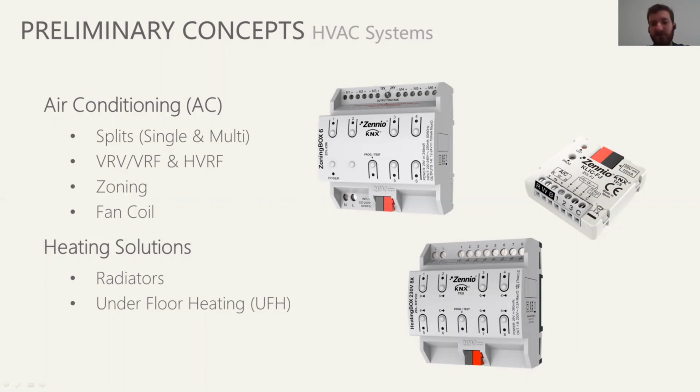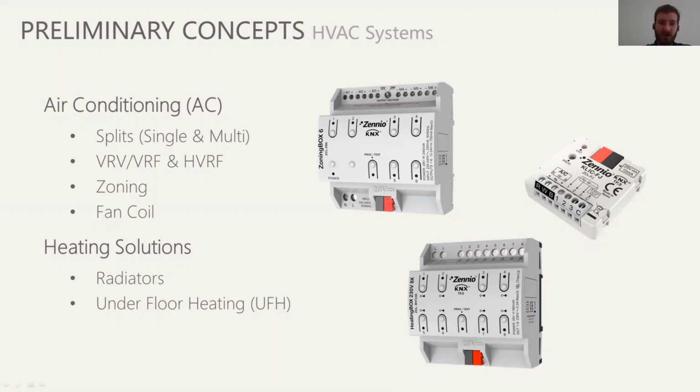And then all the other brands, because the name VRV, variable refrigerant volume, was registered, came up with variable refrigerant flow, and most recently with hybrid variable refrigerant flow. This is a type of multi-split system in which one unit produces heat or cold and then distributes the heat or cold to multiple systems.